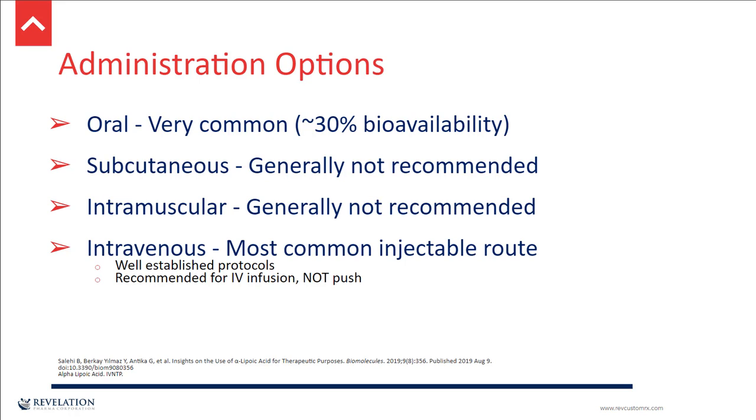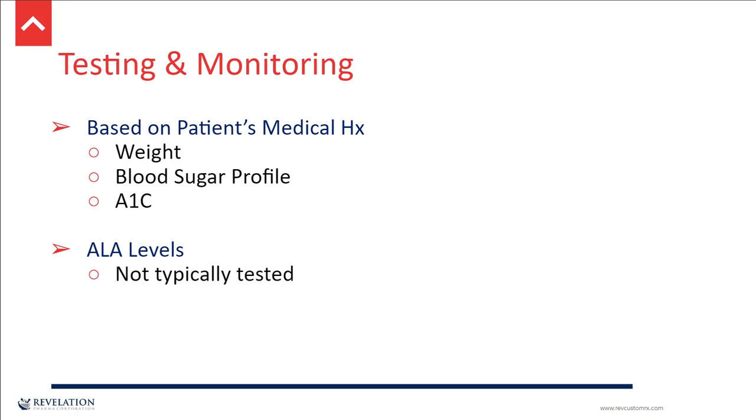So for that reason, the infusion protocols are preferred. And for IV, there are many well-established protocols which we'll cover, but again, generally not recommended for push for those reasons: hypoglycemia, as well as just more risk of precipitation in those low concentrations.